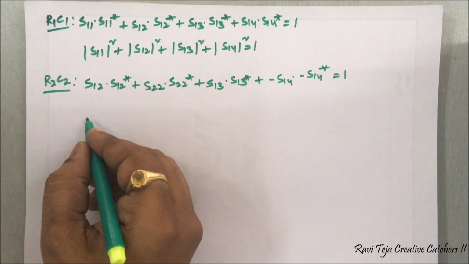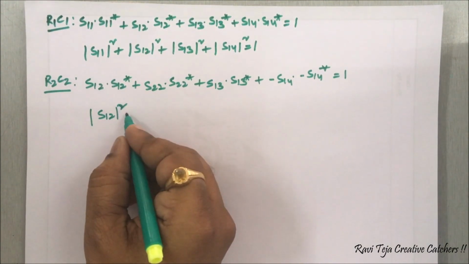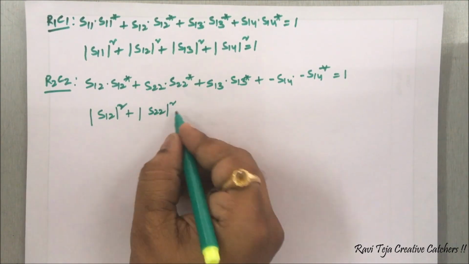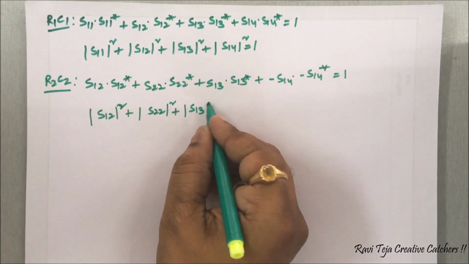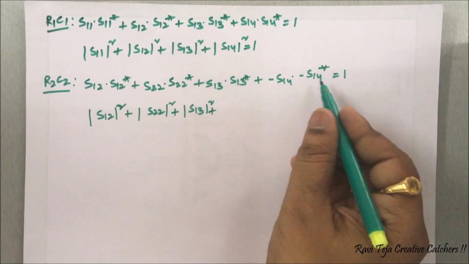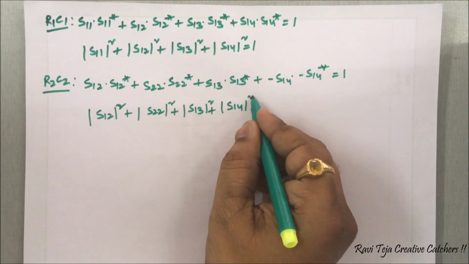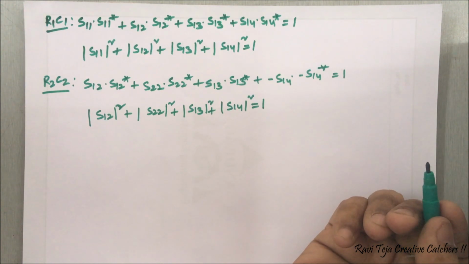So this can be written as modulus of S12 square plus modulus of S22 square plus modulus of S13 square plus, the negative sign can be neglected, modulus of S14 square is equal to 1. Okay, this is R2 C2.